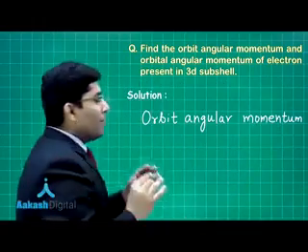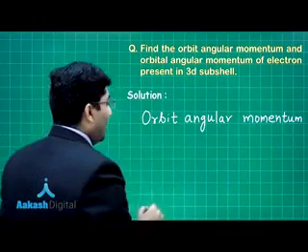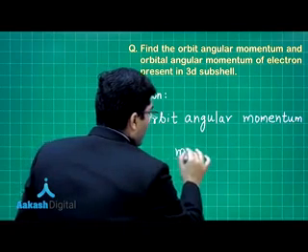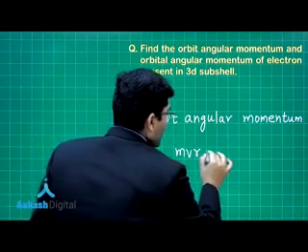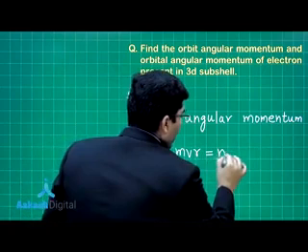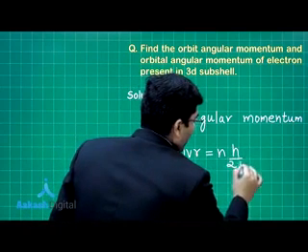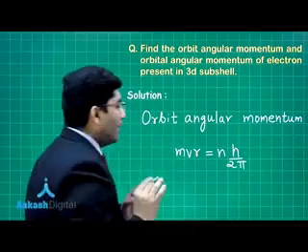Now this we have studied in Bohr model, and that was mvr is equal to nh upon 2 pi, right?